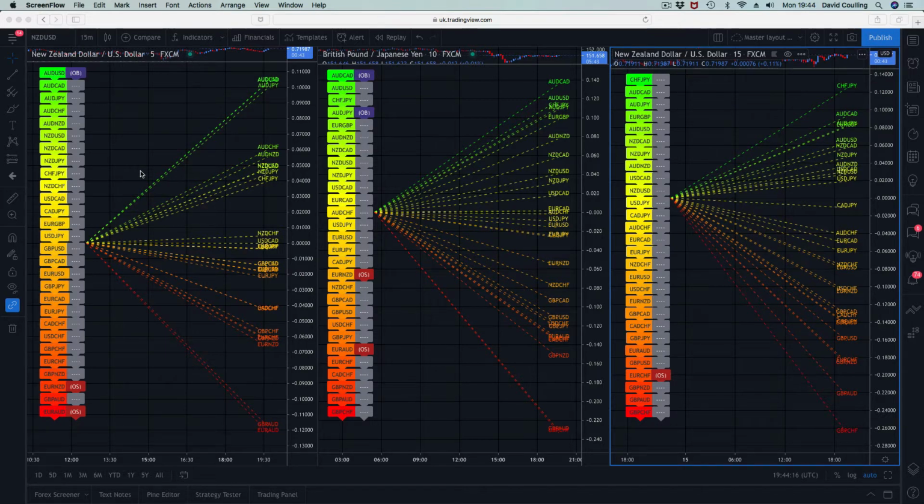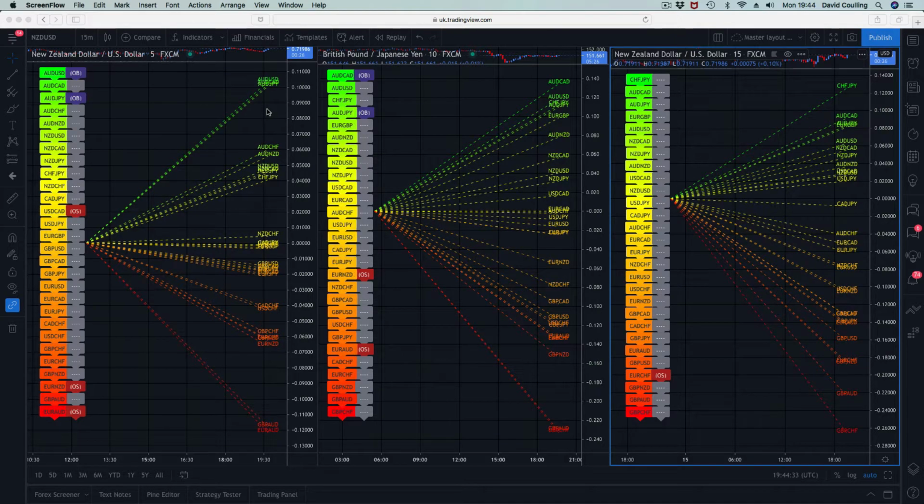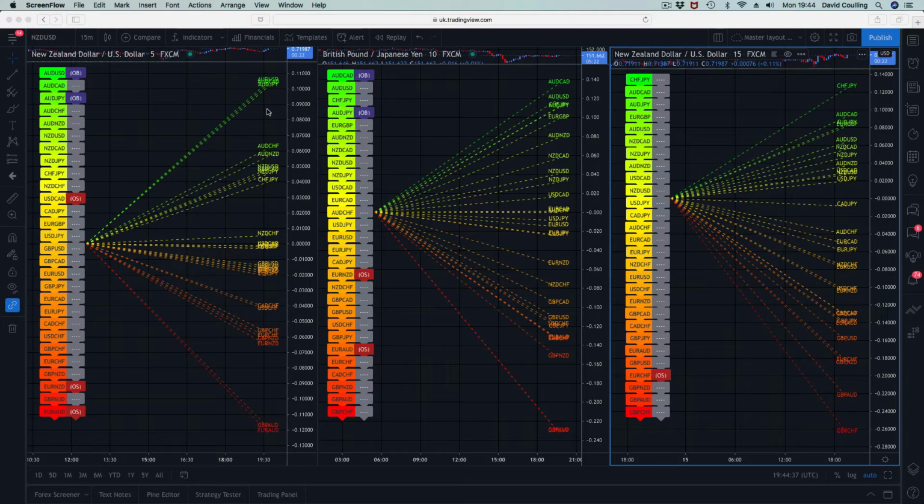Now, what the currency array also delivers is this very visual perspective, where you see not only the strength of the trend, so the angle of inclination of the line here will give you a strong perspective on where the strongest trends are, where trends are pretty weak. And this, of course, will align with the CSI.